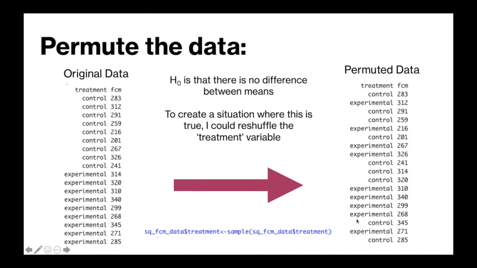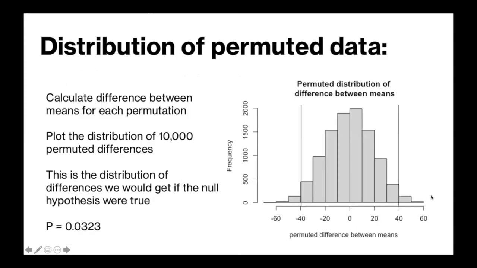Now, this is just one permutation of the data, but if we do this many, many, many times, and for each permutation, calculate the difference between sample means, we get a distribution of differences when the null hypothesis is true, meaning when we've broken apart this association between our treatment and our fecal cortisol metabolites, that looks something like this.